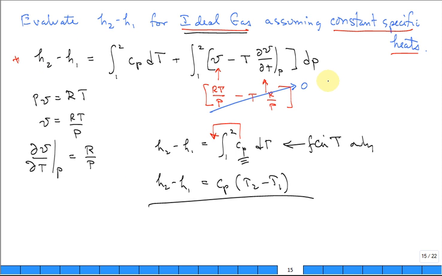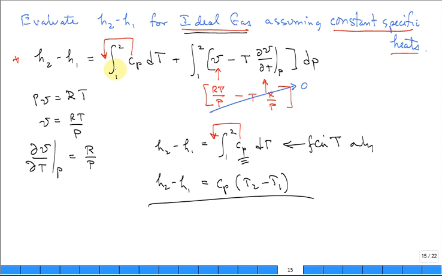And I say, now, for an ideal gas, this doesn't have to be restricted to an ideal gas, but it applies to an ideal gas. Assuming constant specific heats, what does this relationship do? And so the change in enthalpy is equal to what happens right here if it's constant specific heats? C sub P comes outside.